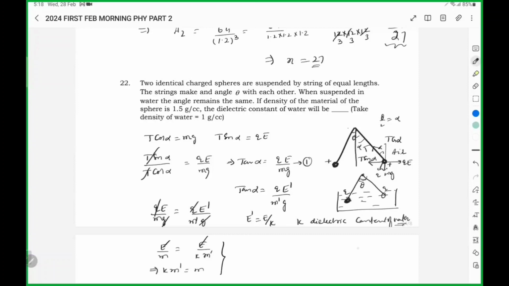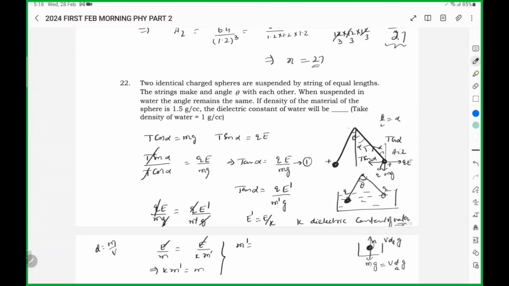So when the sphere is placed in a liquid, there is an upthrust. Net weight will be, it is mg. Upthrust will be volume into density of liquid into g. Your volume into density of that sphere in air into g. So m dash is equal to V dL minus V dA, because density is mass per unit volume.